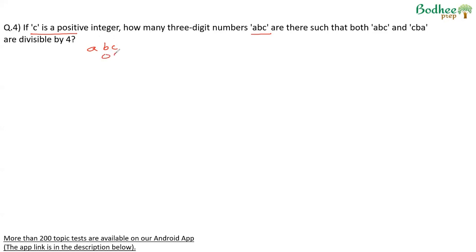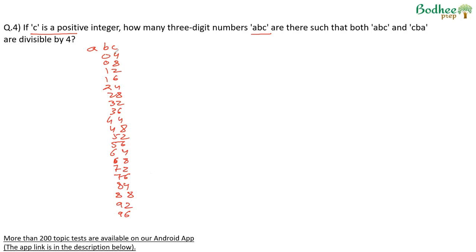So BC can be 04, 08, 12, 16, 20 will not happen, 24, 28, 32, 36, 40 will not happen because C is not 0, 44, 48, 52, 56, 60 will not happen, 64, 68, 72, 76, 80 will not happen, 84, 88, 92 and 96. These are 20 possibilities for BC.